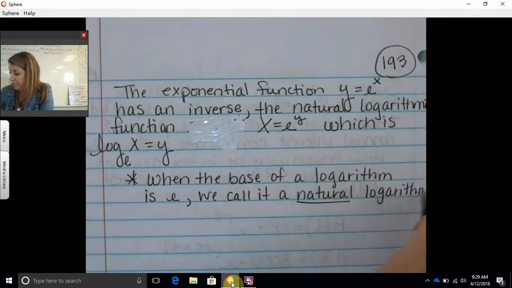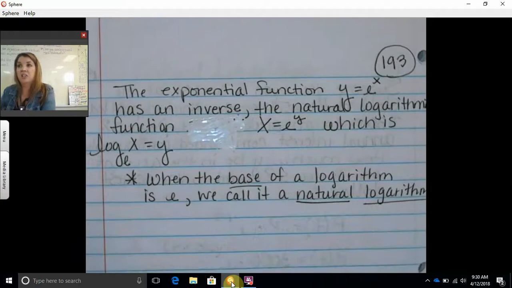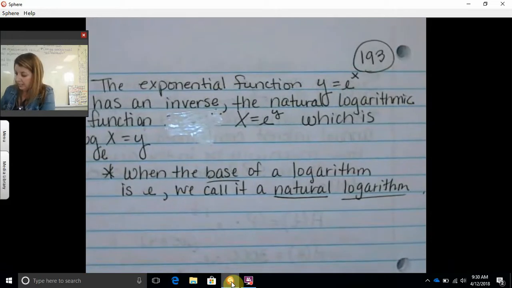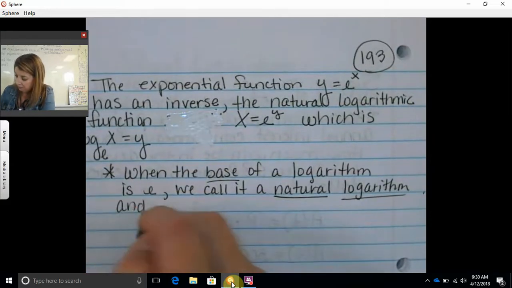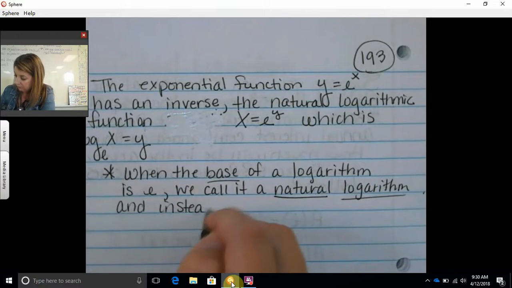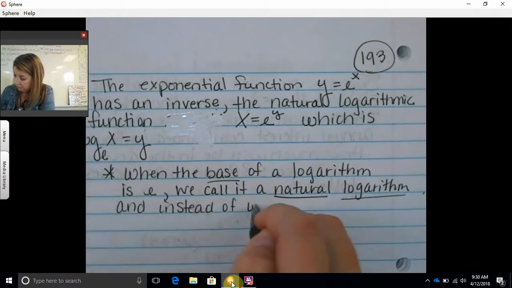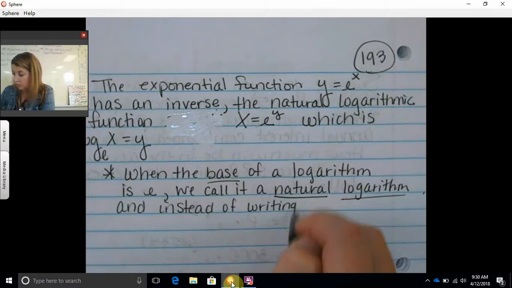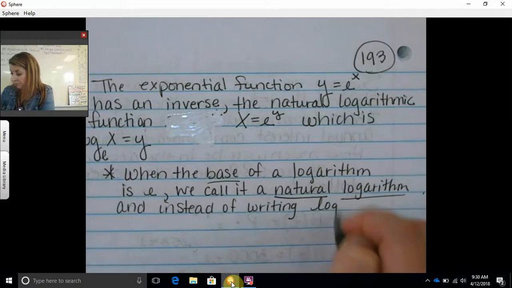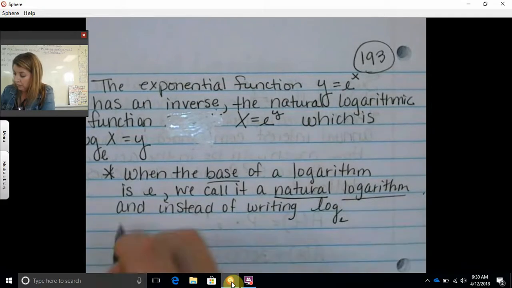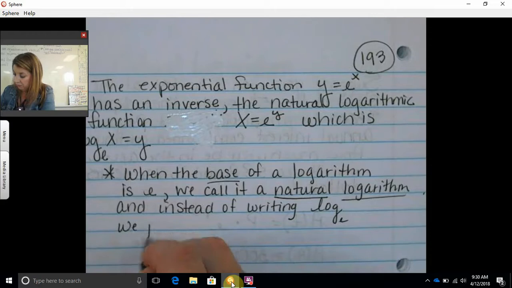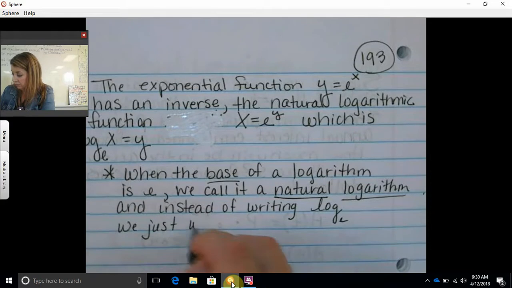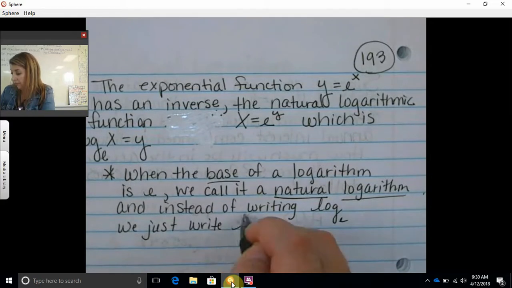So y'all know the other day when we had a base of 10, that's called a common logarithm. Well, if you have a base of e, we call it natural logarithm. And instead of writing log base e, we just write ln.